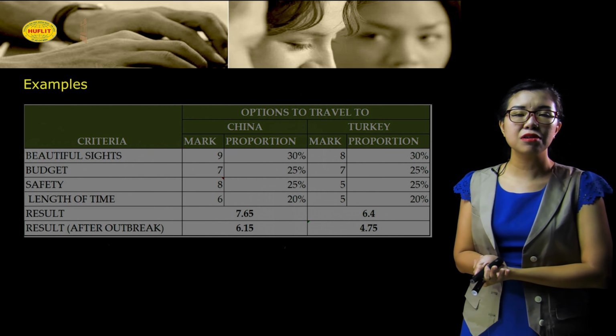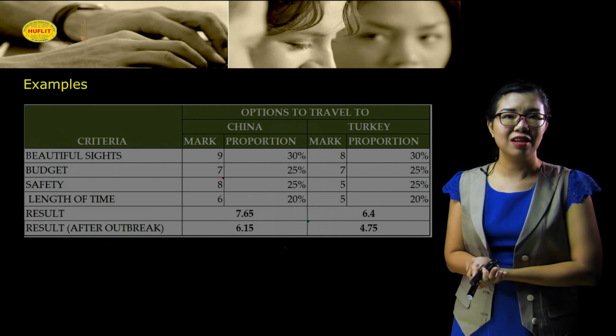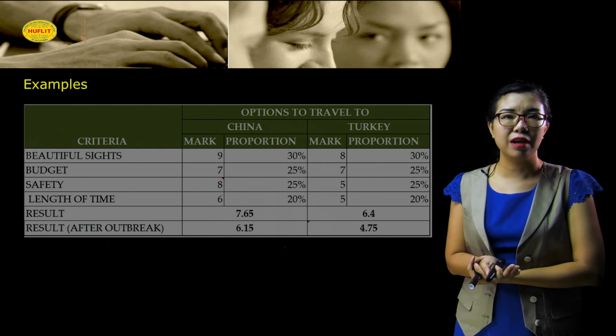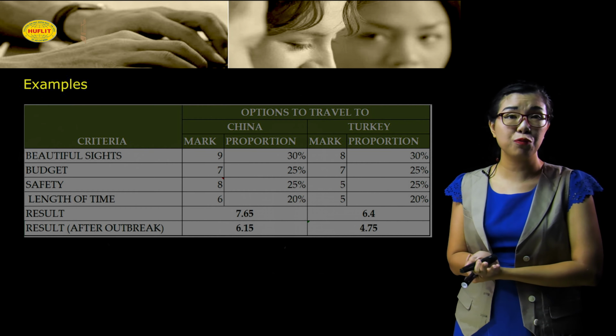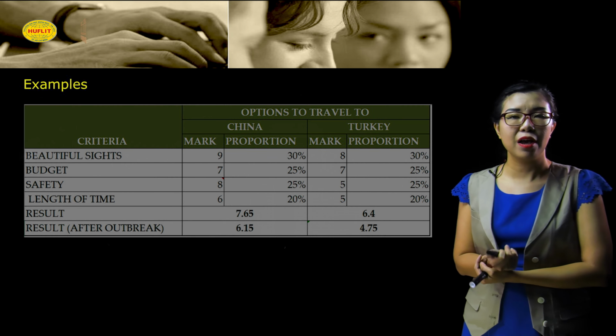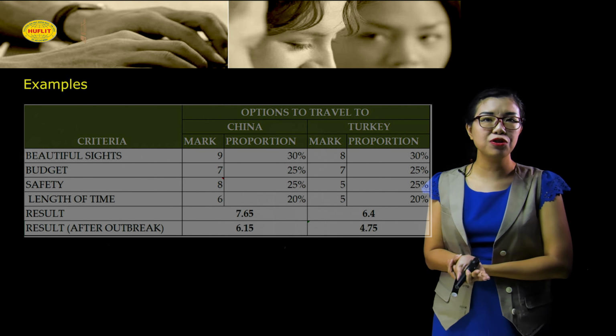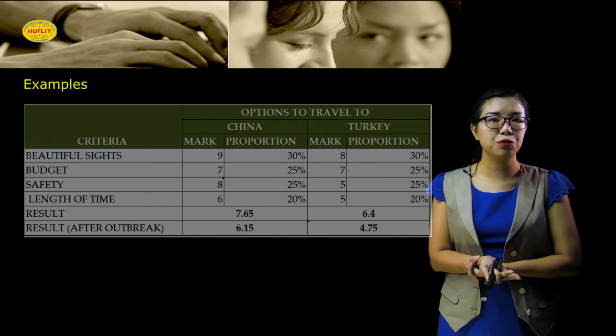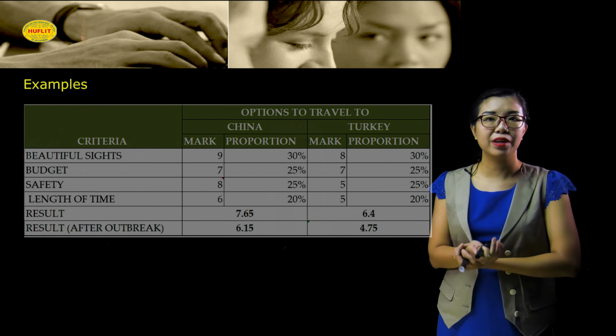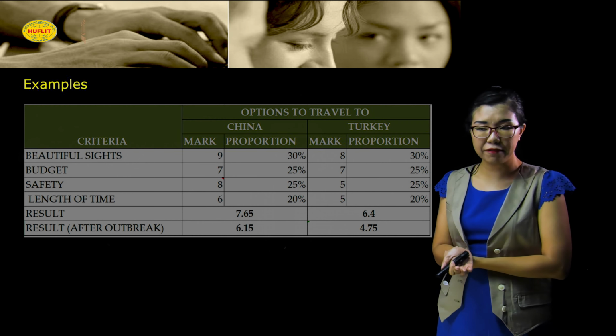The second criterion is the budget. The budget is an important criterion when you make a decision to travel somewhere, right? As you see, the budget contributes about 25%. The next one is safety.